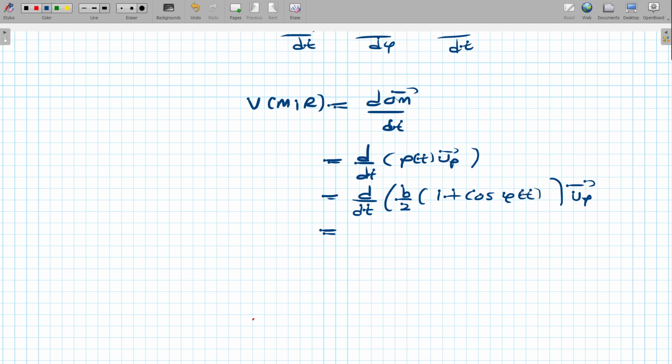But here it's not direct, because the derivative with respect to time of cosine phi we cannot do directly.